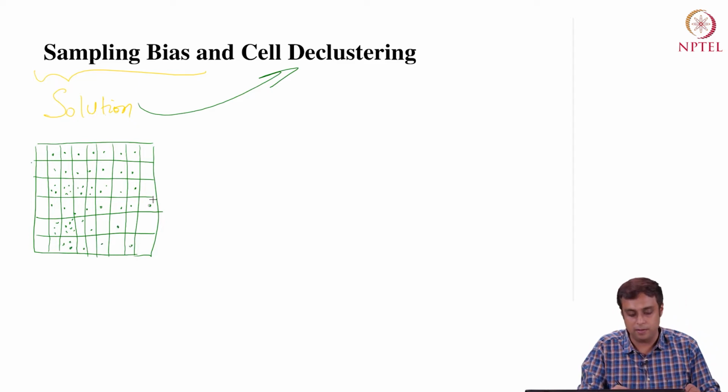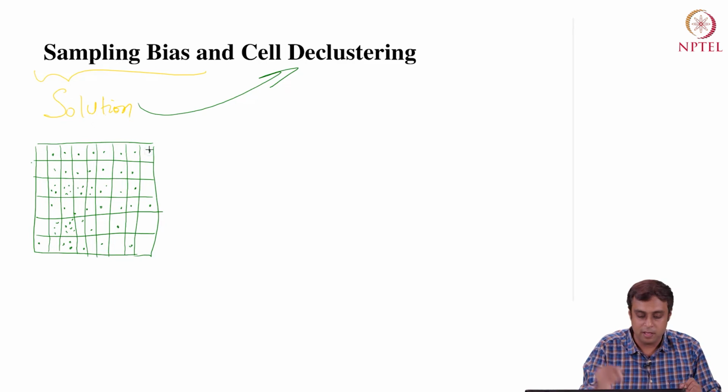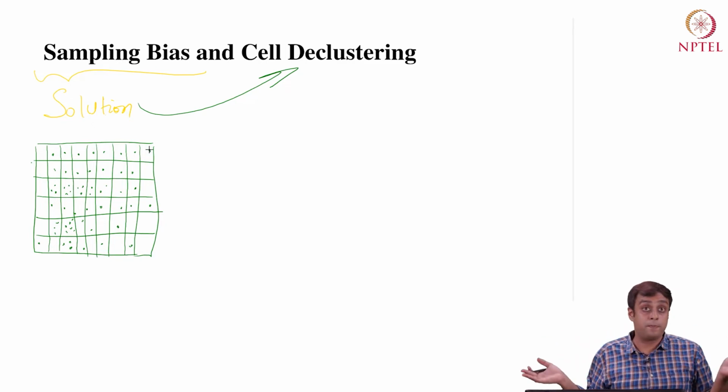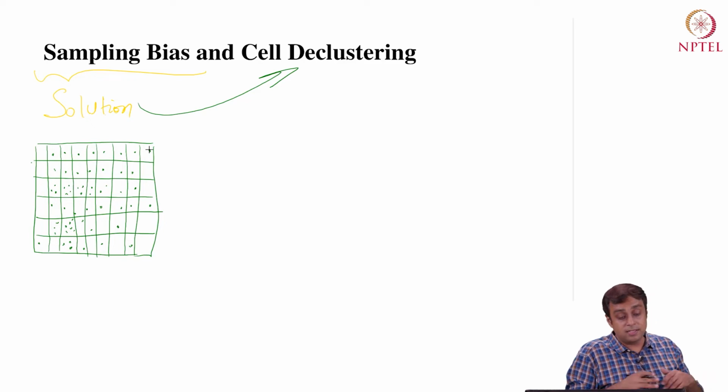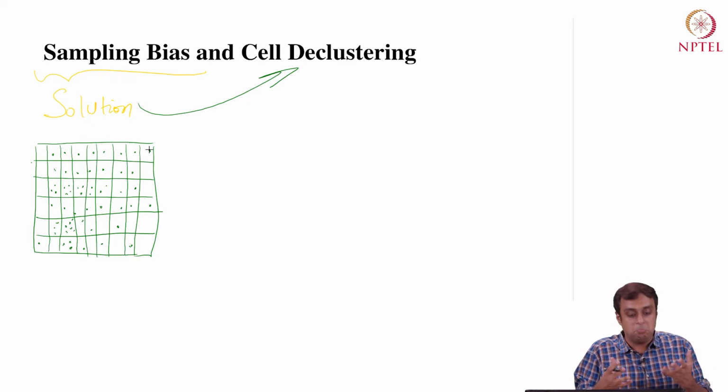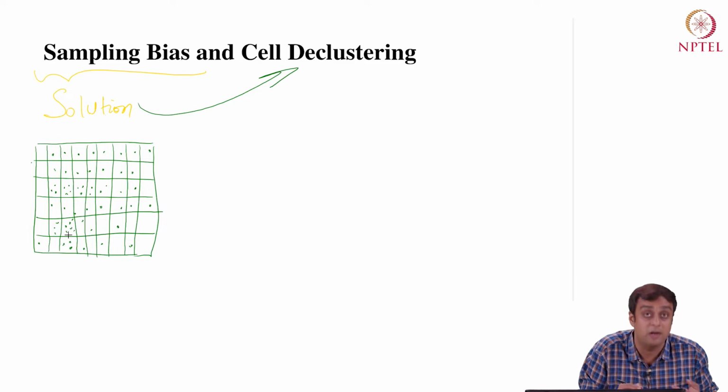Okay, let's say this is the data set that I have. Some of the cells are empty, not represented. Some of the cells are represented by one sample location, and some other cells are represented by, even a situation where you have 6 sampled locations.